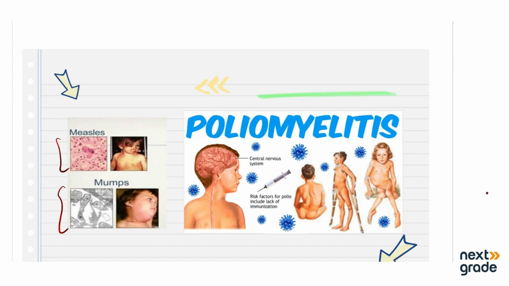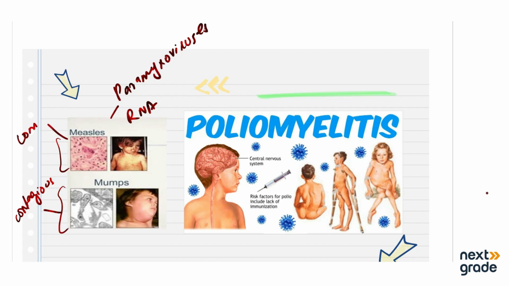These viruses belong to a group of paramyxoviruses, right? They are large enveloped RNA viruses. Mumps is highly contagious, meaning it spreads from one person to another, then to a third. About 60% of adults are immune to it. Measles is one of the most common diseases of the entire childhood of the world, right?